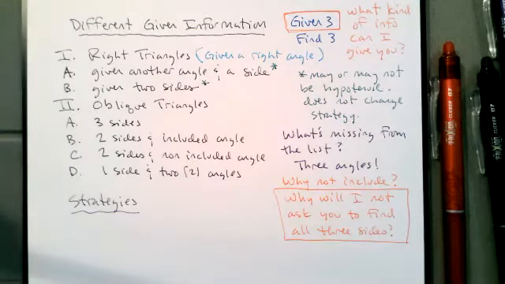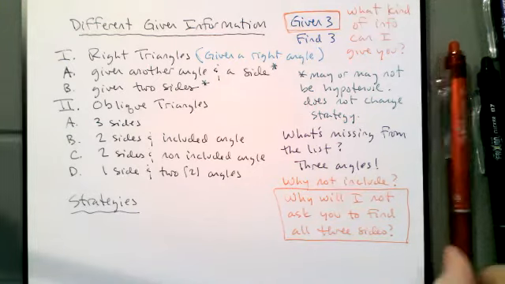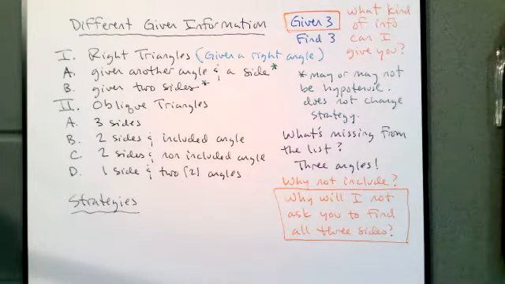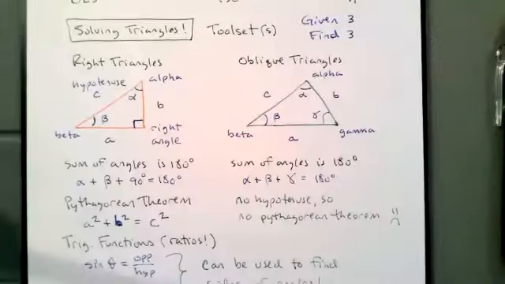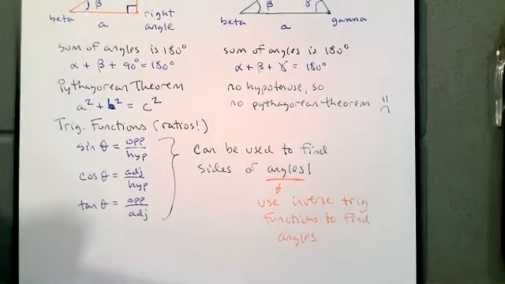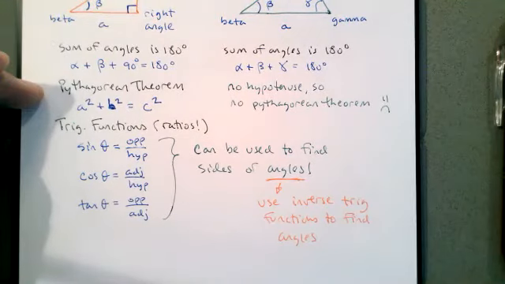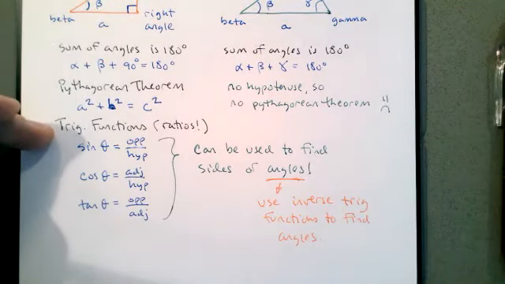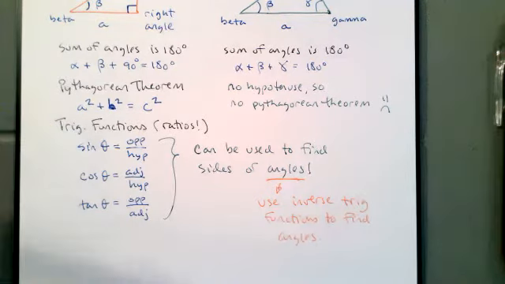So thinking about strategies in terms of solving triangles, let's go back to our toolbox. Let's take a look at our toolbox again. In our toolbox, we got the sum of the angles is 180, we got the Pythagorean theorem, and we got these new fancy trig functions. Of these 3, which one does it look like is going to be the easiest to use?